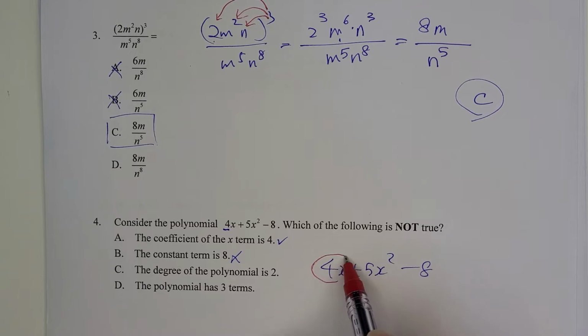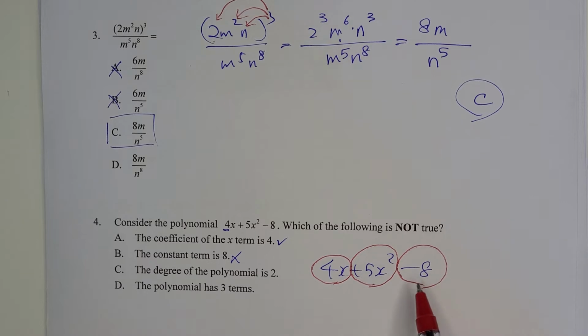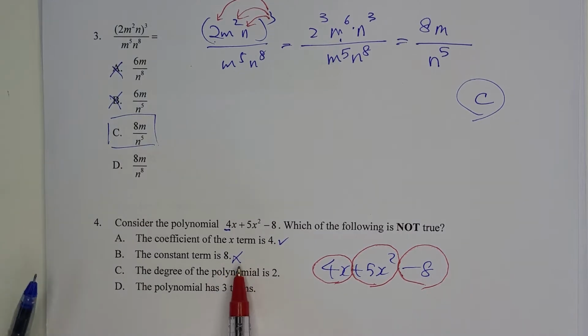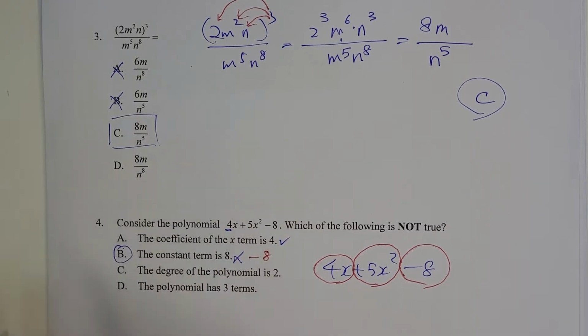First term, this one, 4x. Second term, positive 5x squared. Third term, negative 8. You should get both the sign and the magnitude. Okay, the constant term should be negative 8, not 8. So B is not true. The answer is B.